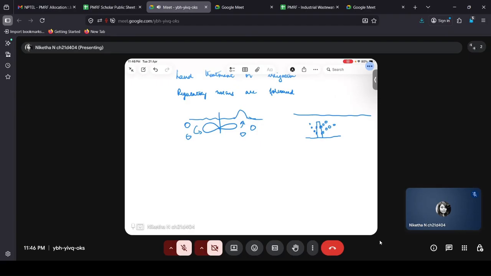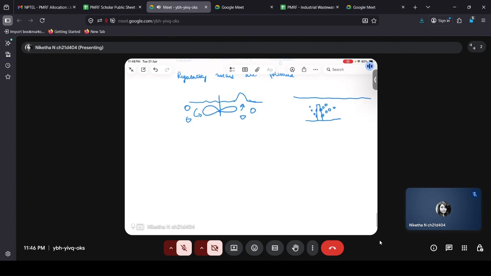Here the aeration is created by mechanical action, but in the diffused case we provide aeration from under the surface of the liquid. So that's the difference between the two.